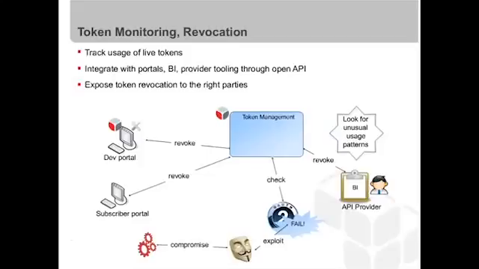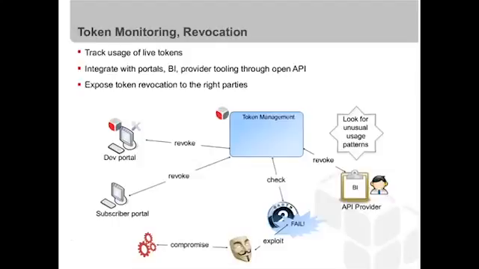And even if you don't provide a lot of visibility on tokens outside of the provider realm, the ability to revoke those tokens is extremely important to all the parties. So imagine that I'm a subscriber and I grant authorization for an application to consume an API on my behalf, and as part of that authorization grant, I would get an email confirmation by the provider.